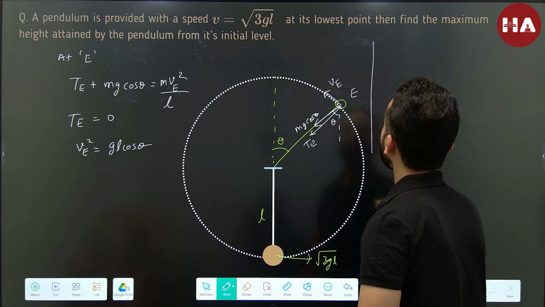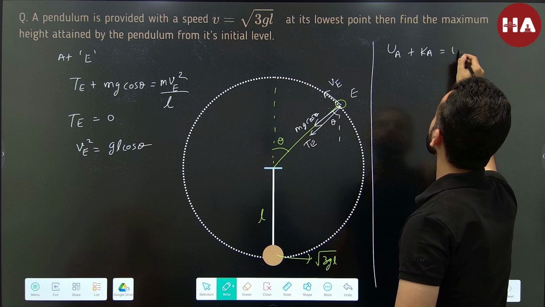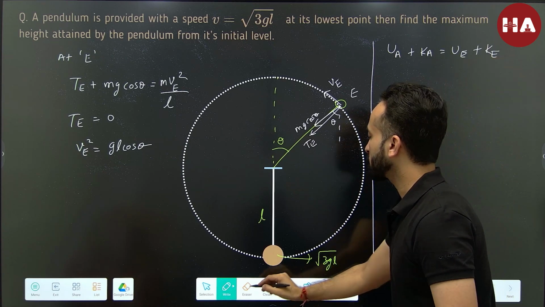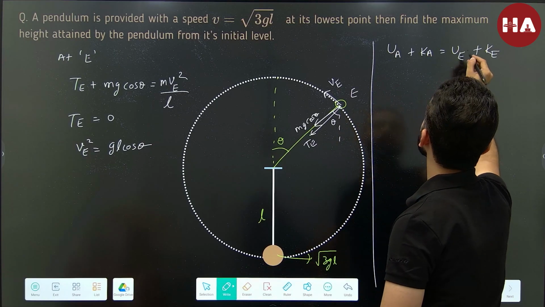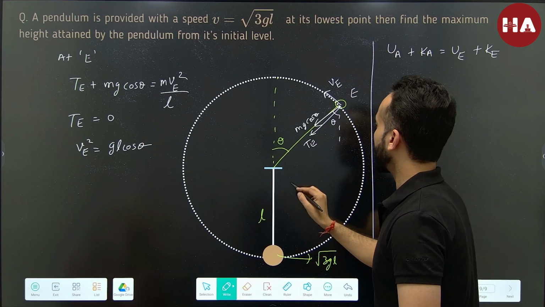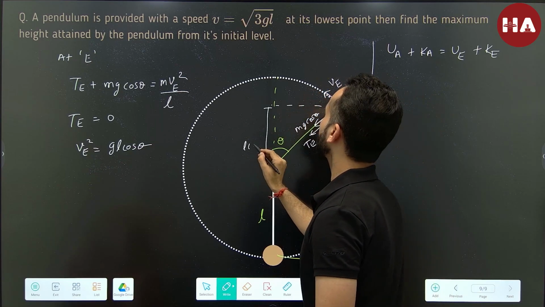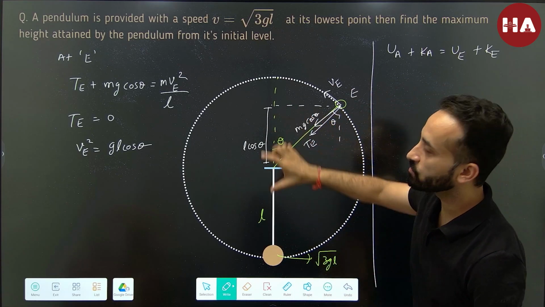Now let's apply conservation of energy. UA plus KA is equal to UE plus KE. Okay, so this is L. Of course, this will be L cos theta.